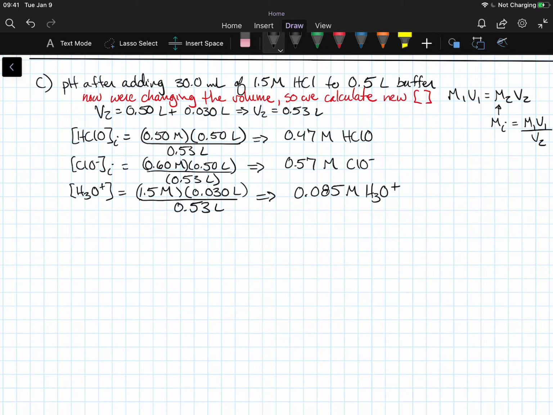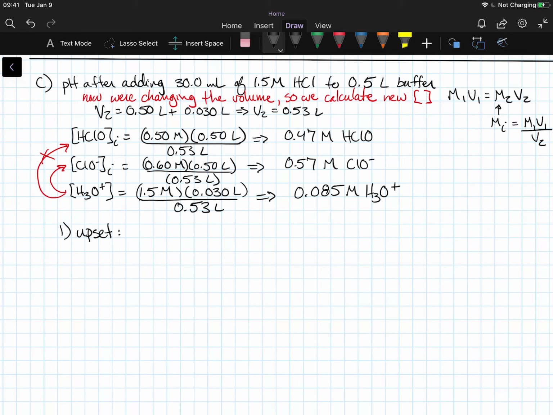Alright, so now we have the new molarities of all the components. Let's see what's going to happen. The strong component, the strong acid here, H3O+, is going to react with the weak conjugate base. It's not going to react with the weak acid. That wouldn't make sense. Acid plus acid doesn't happen. But the acid and the base are going to react, so let's draw that first. That's our upset. It's the strong component reacting with the conjugate weak base.